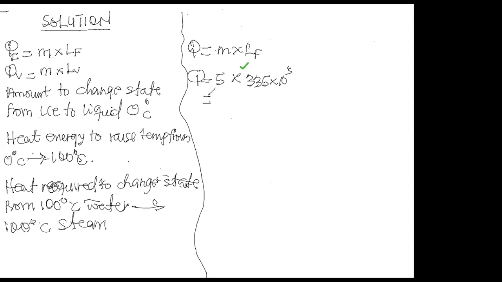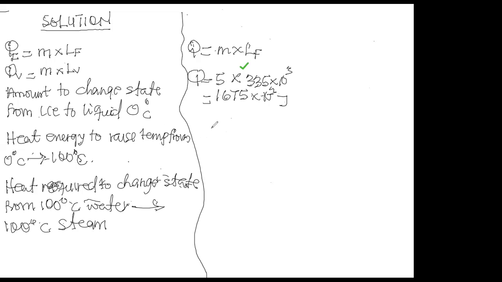What is 5 times 335? 1675 times 10 to the power 3 joule. So this will be the quantity of heat energy to do the melting from ice to water. So this is actually water at 0 degrees Celsius. Don't forget, when change of state begins, it occurs at a constant temperature.